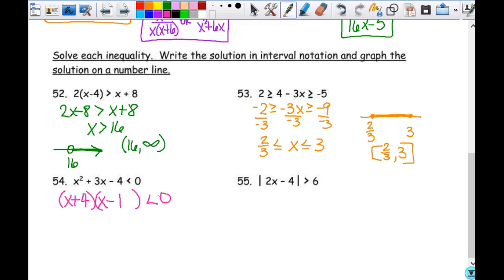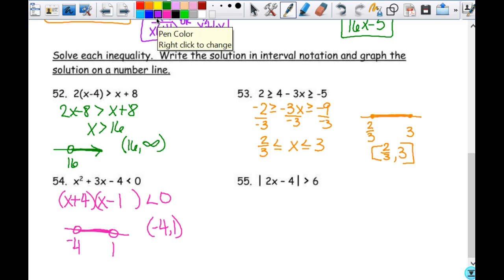Which means that two solutions here will be negative 4 and 1. So on this number line, and it's open, I've got negative 4 and 1. It's in between there, and then interval notation, negative 4 to 1.